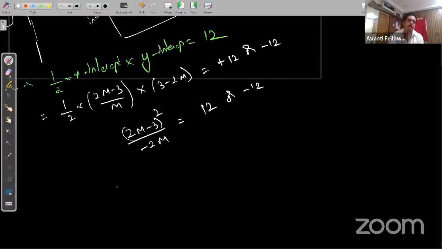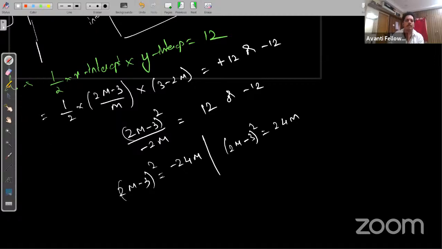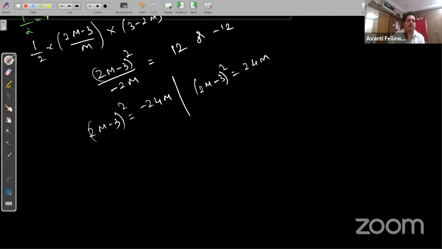So now just take it here. (2m minus 3) whole square is equal to plus 12 times minus 2m. I'll directly multiply it here. See, you have to be very fast. So it is minus 24m. Or the other one, (2m minus 3) whole square is equal to 24m. So now just check it.